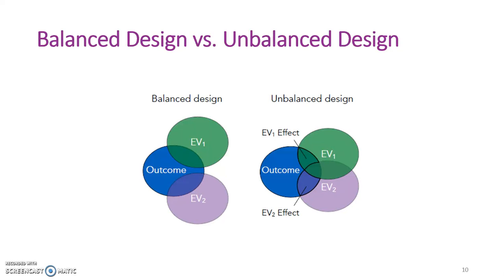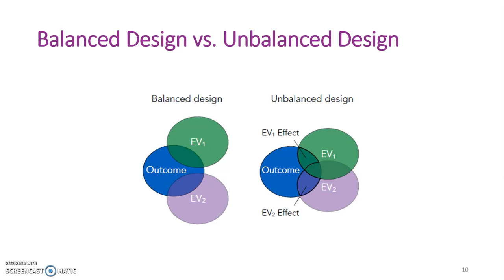If we have an unbalanced design, with unequal group numbers, that can lead to a potential effect where the first predictor is related in some way to the second predictor.